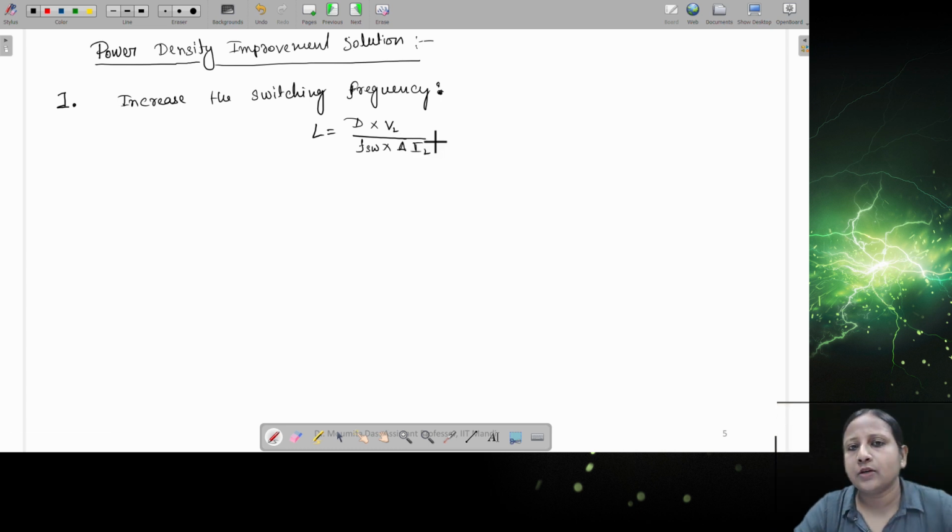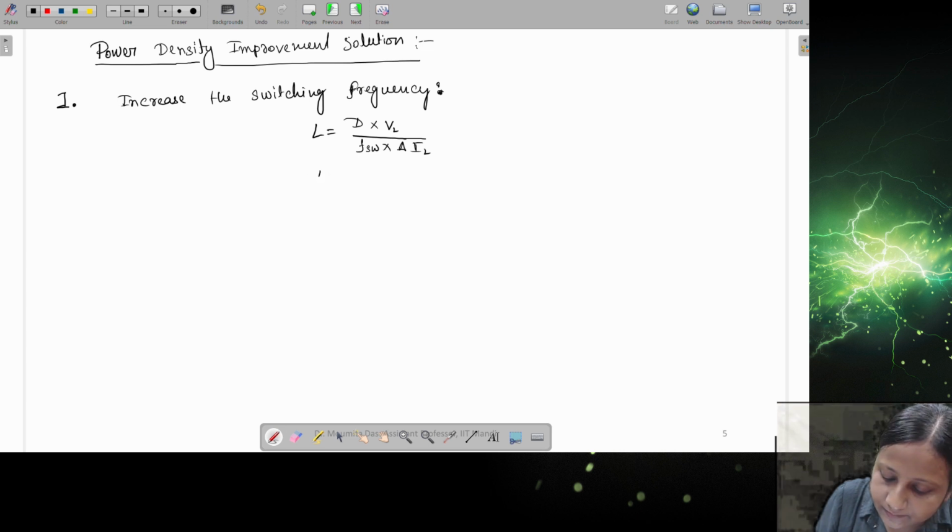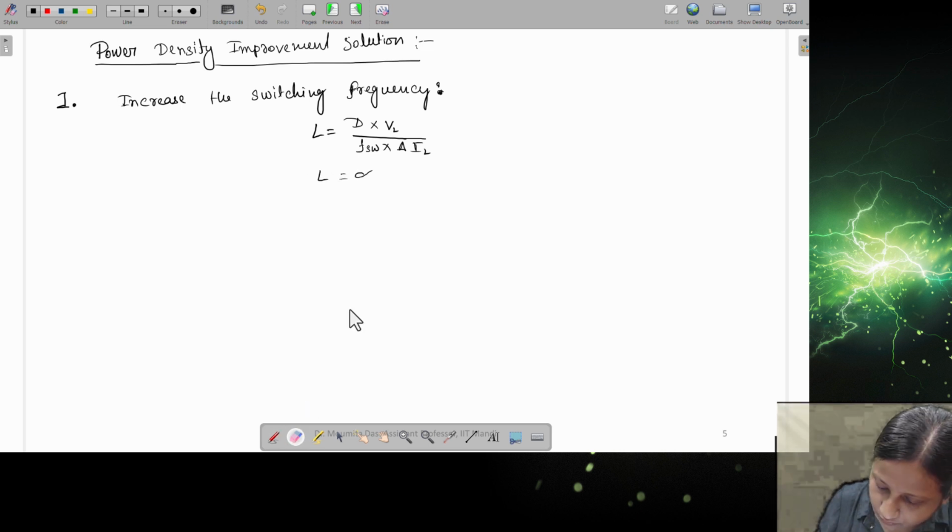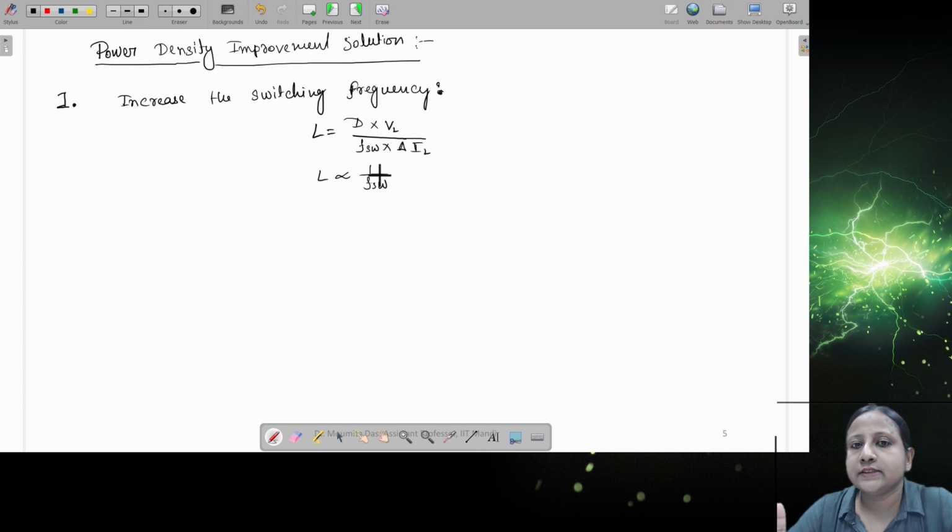This is the basic formula which you can refer to in any power electronics book. You can get it very easily. Basically, V_L equals L di/dt, so from there this can be derived. Now you can see here that L is inversely proportional to the switching frequency. So if the switching frequency increases, then the L size will reduce. If L reduces, then the requirement of magnetic size will reduce, and that will increase the power density of the system. Okay, this is one of the ways.